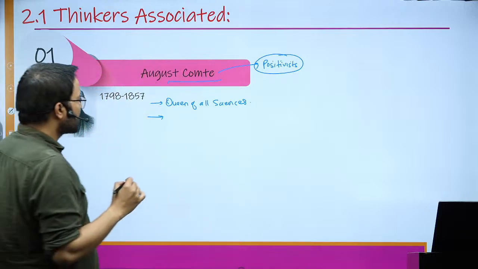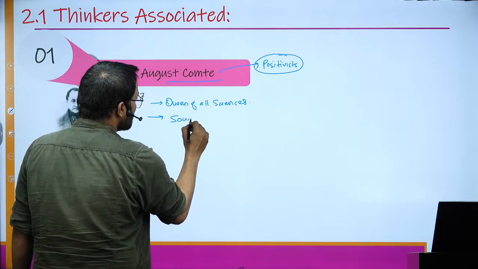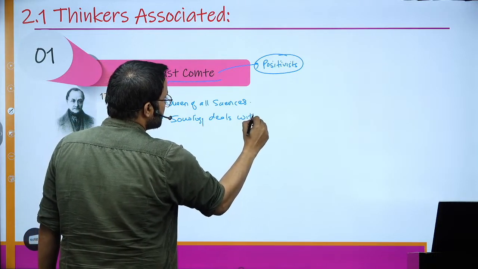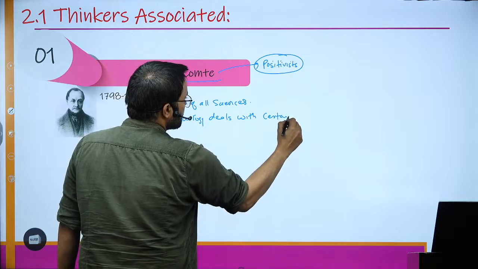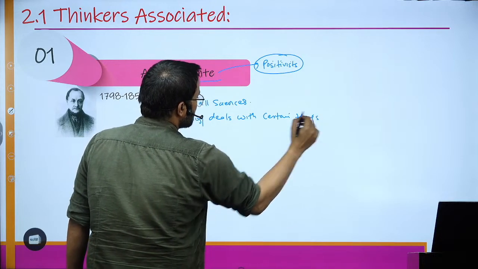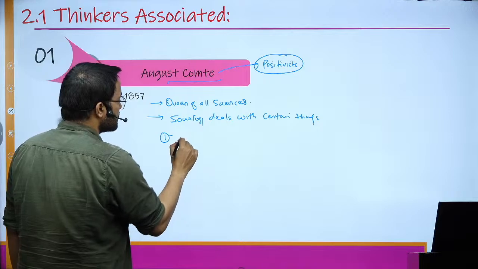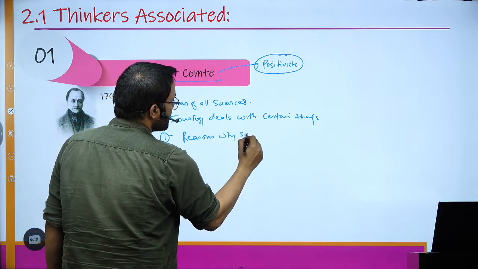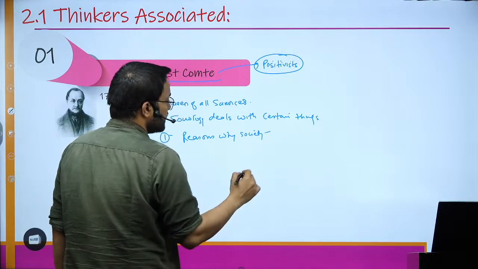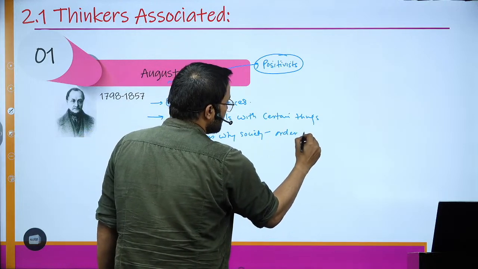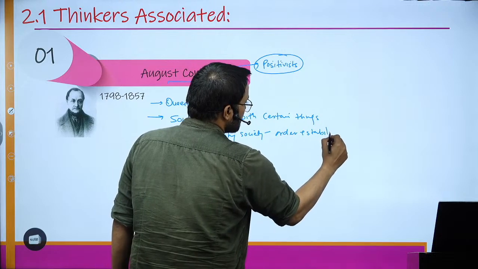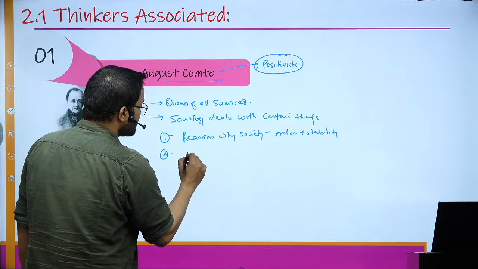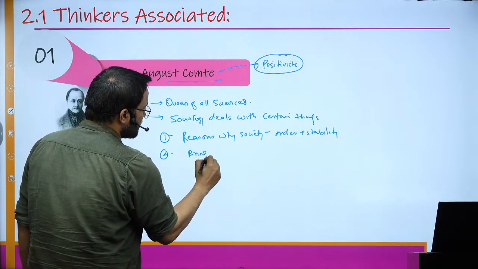he said that sociology deals with certain things, and these things are the reasons why society is able to maintain order and stability, and it also deals with all the things that bring change in society.